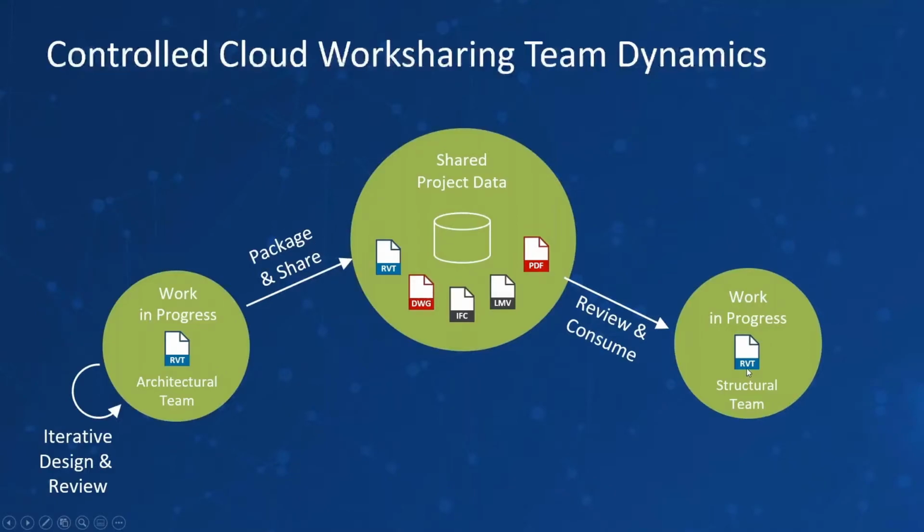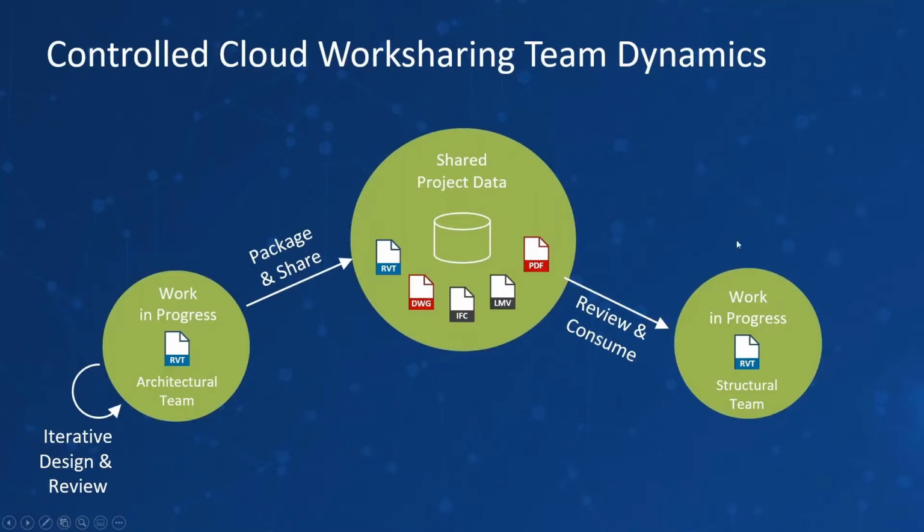Now that structural team also has a BIM coordinator in this concept, or a project lead or whatever. So he's going to review the information he's receiving from the architects. It's not because the architect sends something that everybody has to agree to what they're sending out. So he's going to review this, and he has to accept or consume this, or refuse it. So let's say he's consuming this.